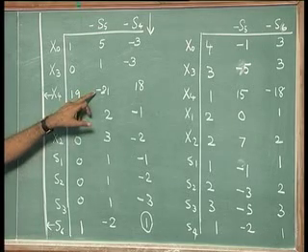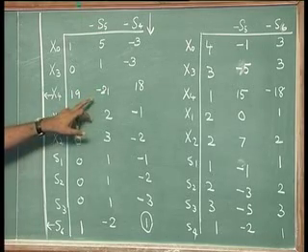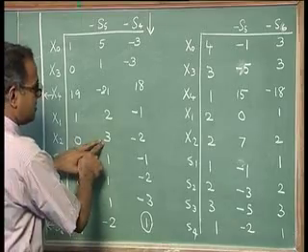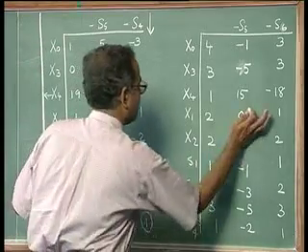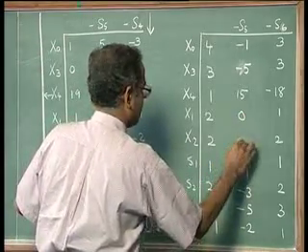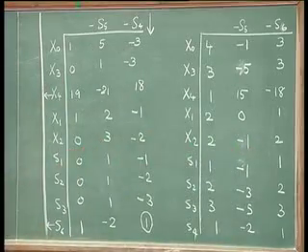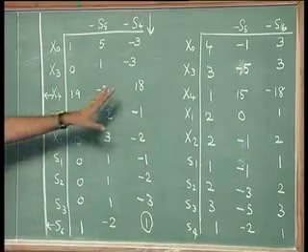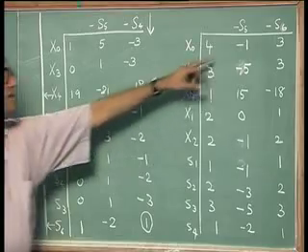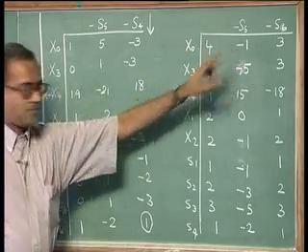X2 is 3 minus 4 is minus 1 and so on. Now, we still have not reached the optimal because we find that this can enter.